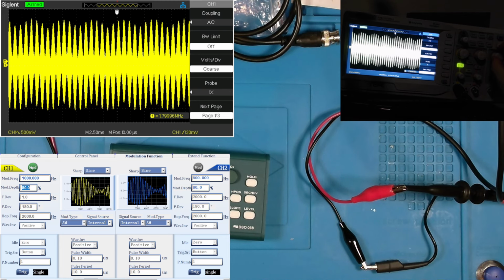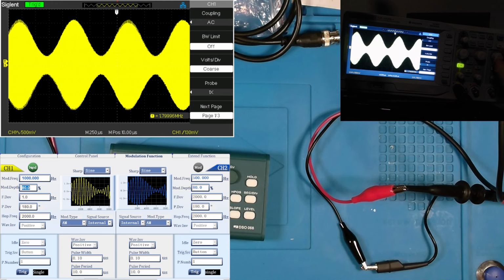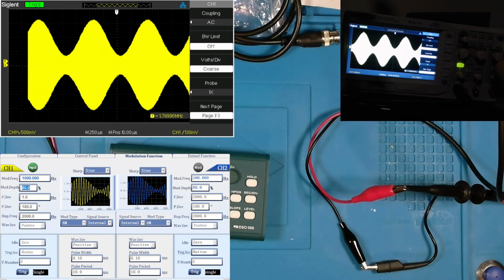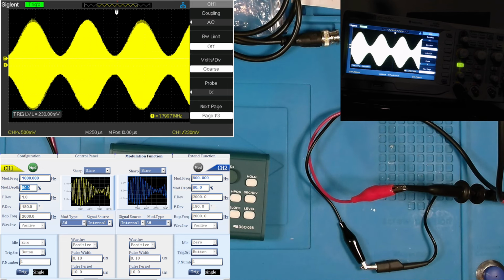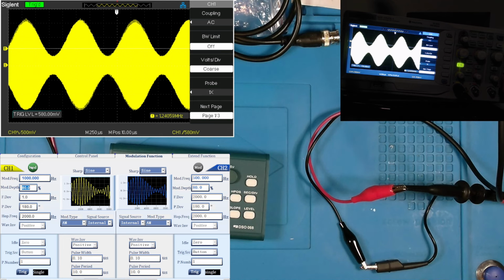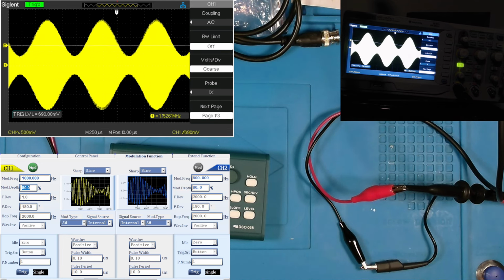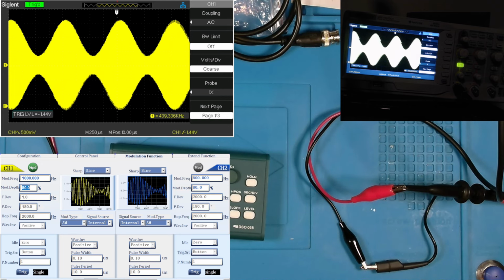But anywho, I'm gonna change my horizontal scale a bit. And yeah, let's see if we can trigger to get this thing to get still, it's jumping around so much. All right, there we go.